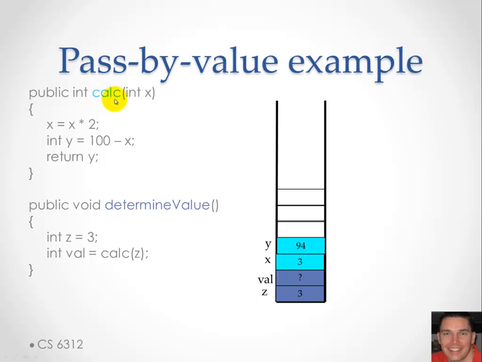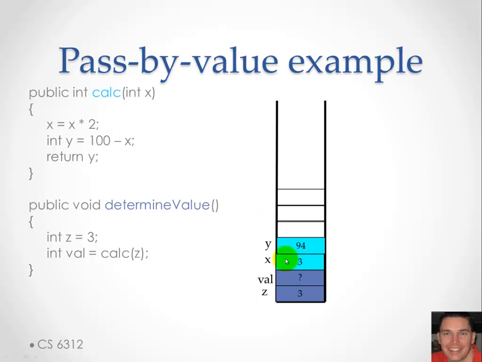Then we execute the code and we say X equals X times 2. At that stage this is going to become 6. And then when we say integer Y equals 100 minus X, the X it's referring to here has the value 6 in it, so 100 minus that equals 94, and then it's going to return that value.